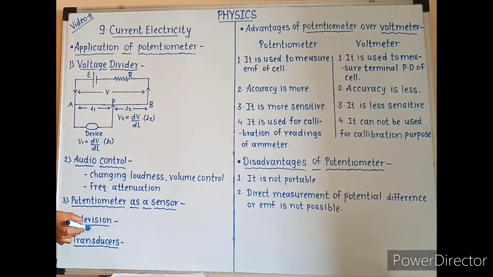Now, the next application is television. Potentiometers are used to control the picture brightness, contrast, and the color response. Now, the next application is transducers.